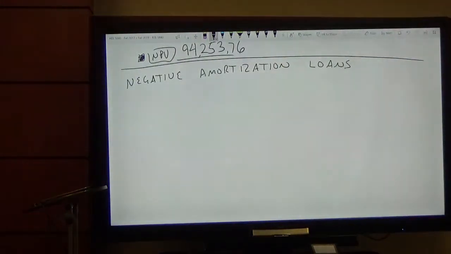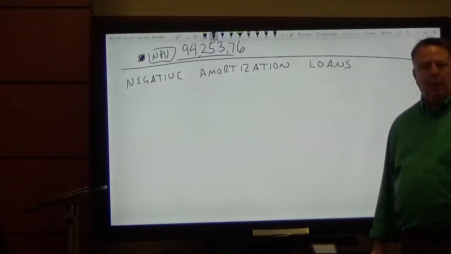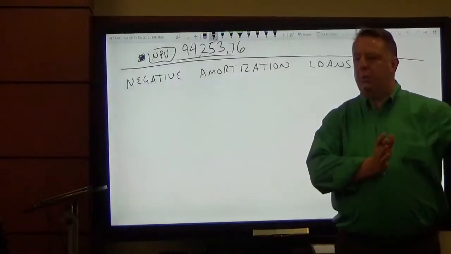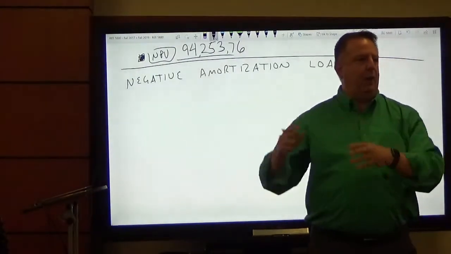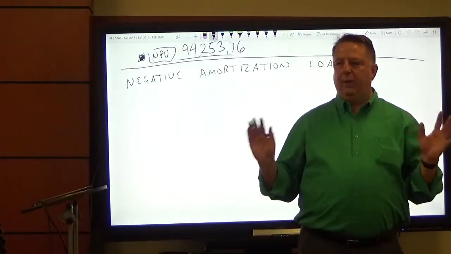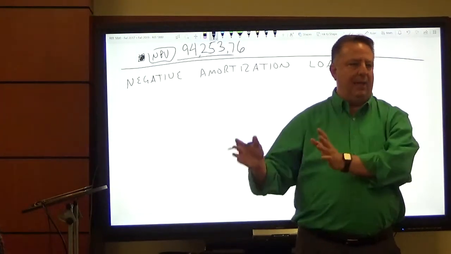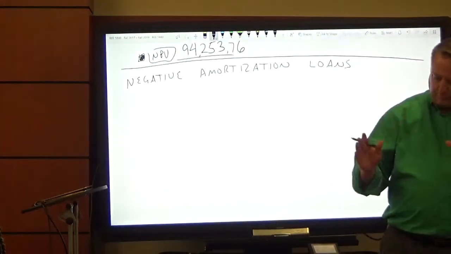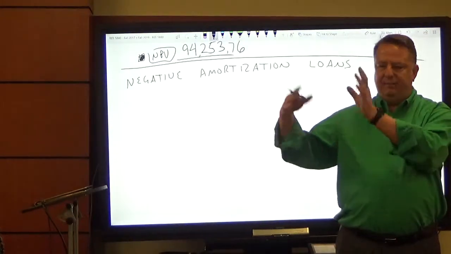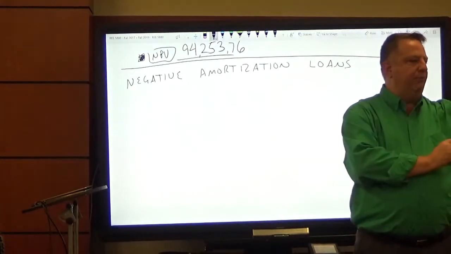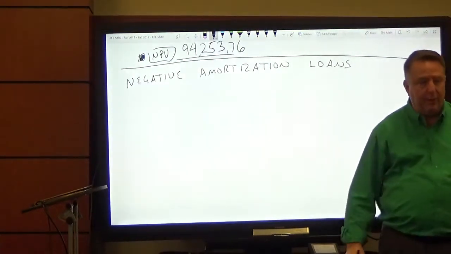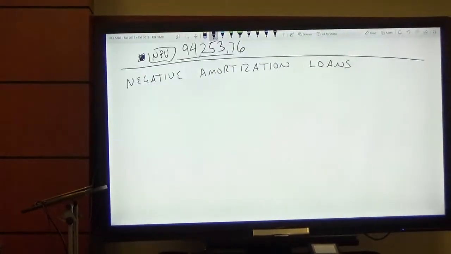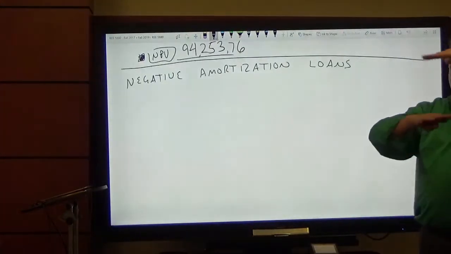Or maybe it's a situation where they want to allow you to grow into a loan over time. They say, all right, we know you can't really afford $1,000 a month as a payment right now, maybe as a business or as an individual. So we're going to let you make these smaller payments of $500 a month for the first few years. And then what we're doing, and this is the part from the lender's perspective, is they're basically that difference of that $500.